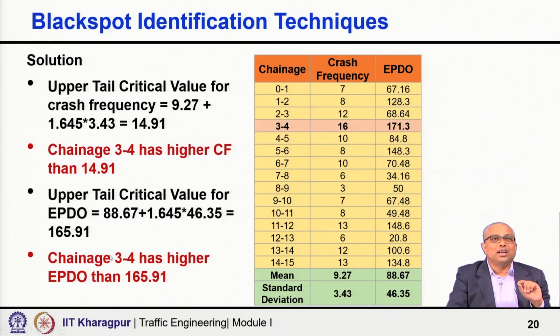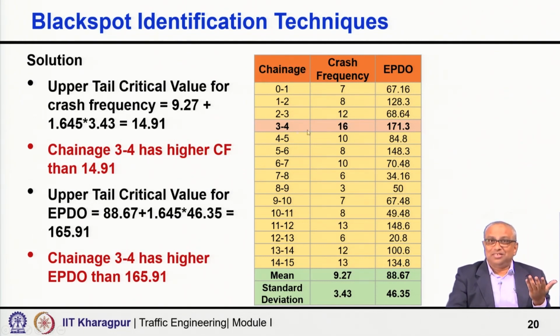Similarly, the upper tail critical value for EPDO is 165.91. So, I have to look at this column and see whether I have got any segment where the EPDO value is more than 165.91, and I find again 3 to 4. That is the only black spot, and incidentally this case probably is the same data, I do not remember.